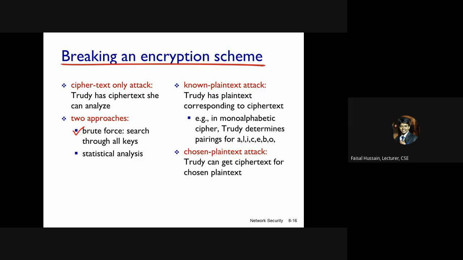Then the chosen plain text attack. This is another idea that Trudy can take. Trudy can get a ciphertext for a chosen plain text.